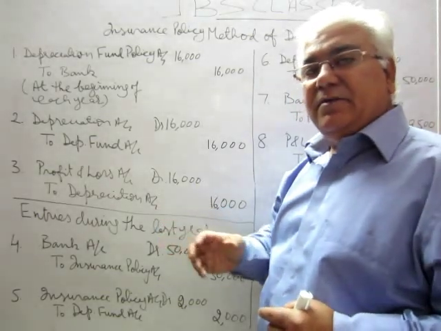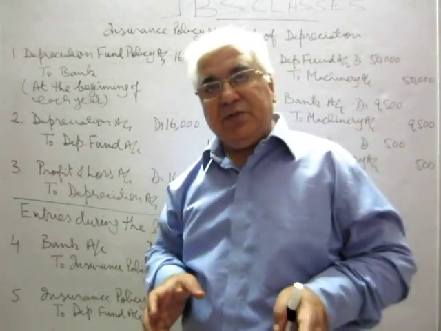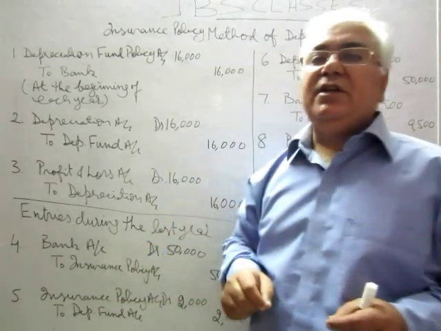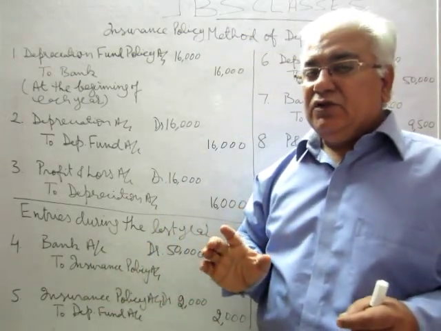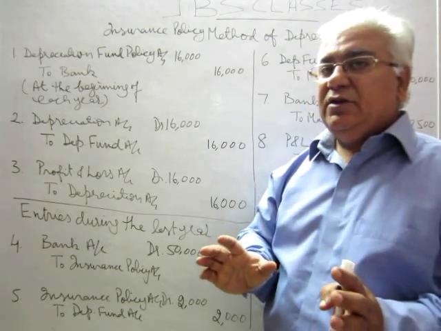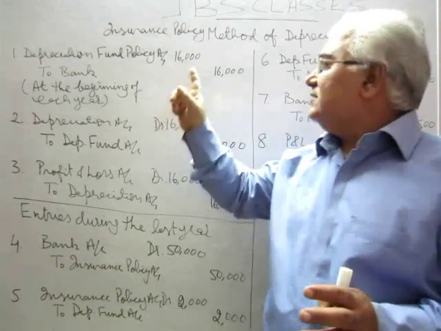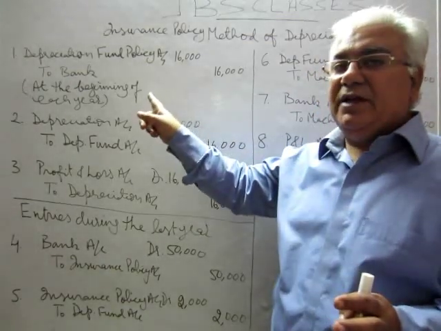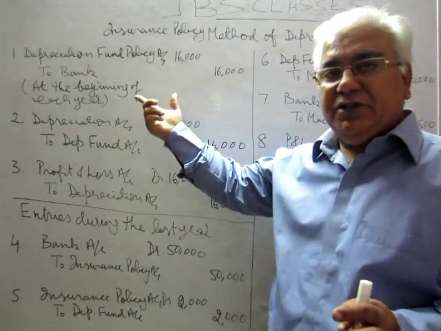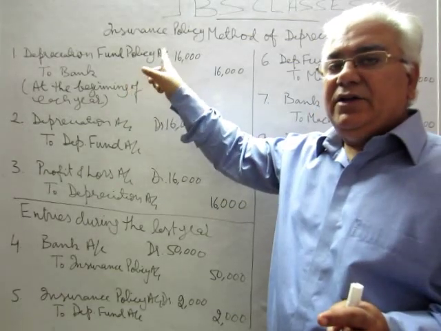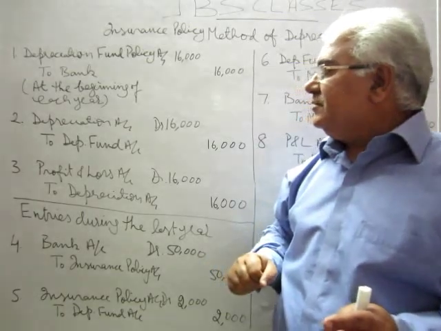Like in our example, the machinery is costing us 60,000 rupees, and the expected salvage value of that machinery is 10,000. So that means we have taken insurance for 50,000 rupees, and 16,000 is what we need to pay as premium at the beginning of each year. So this entry is for making payment to the insurance company.